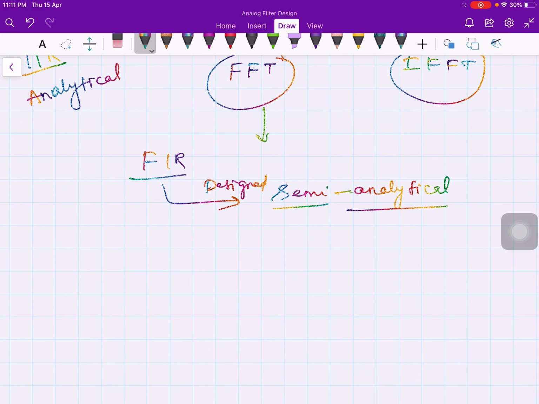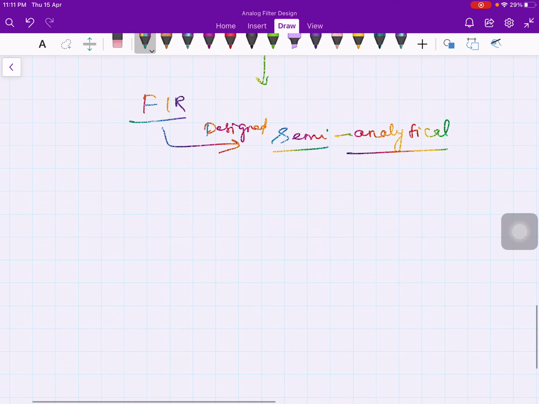It is semi-analytical because it is not exact like IIR. You cannot say with full confidence that what I have designed is the most correct one. With a certain level of confidence only you can say it.